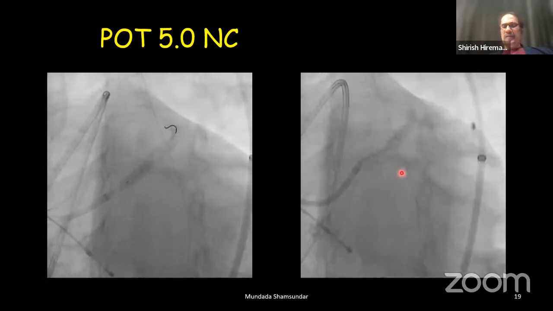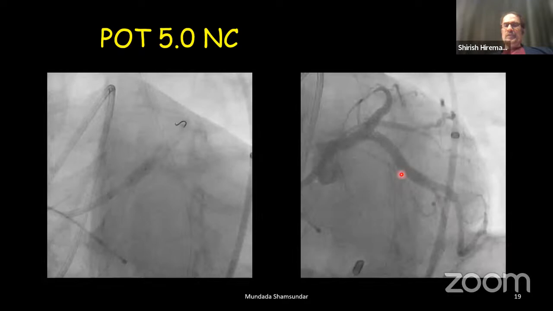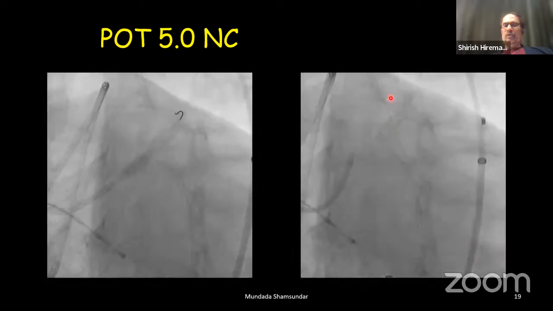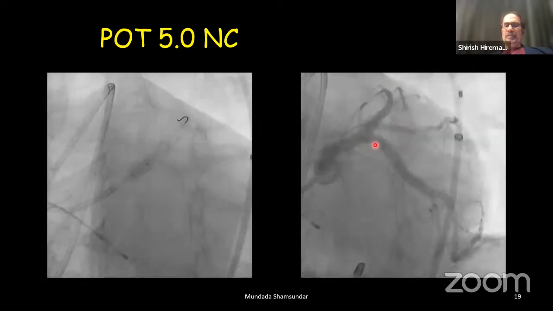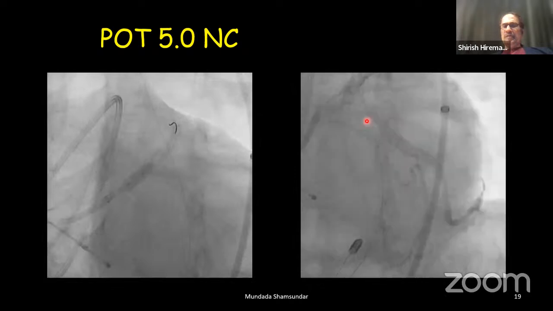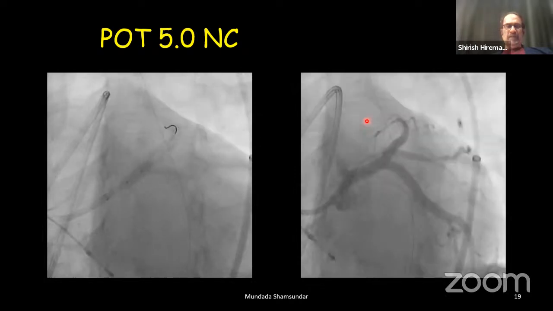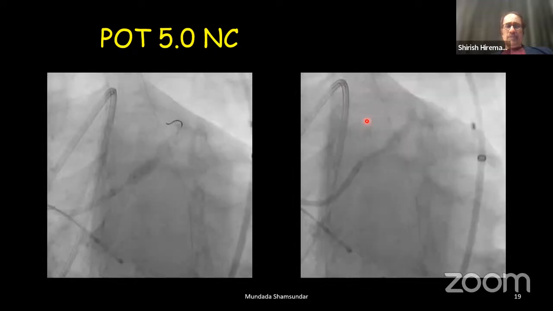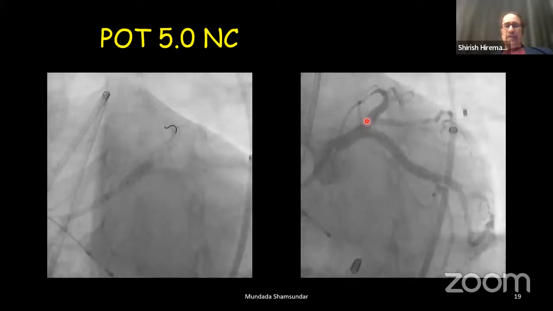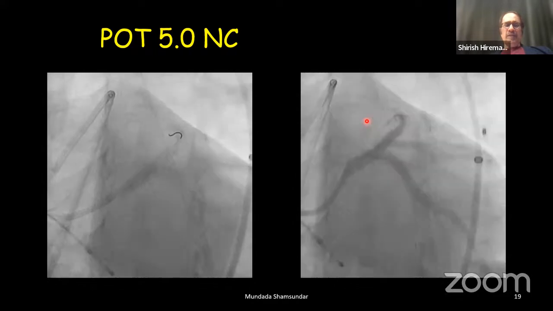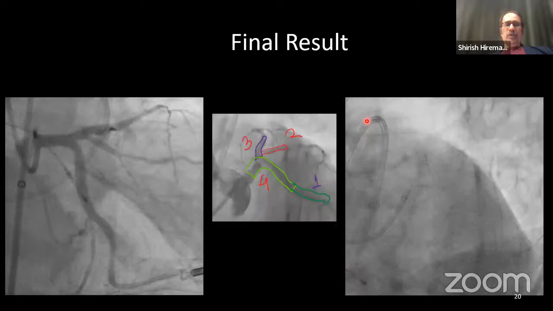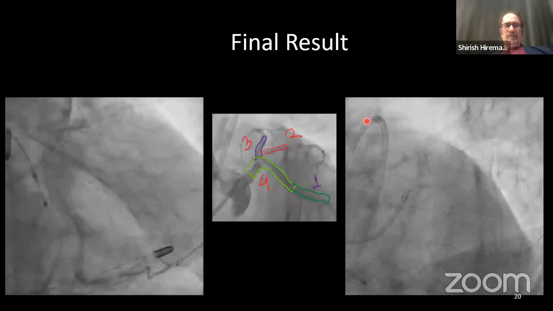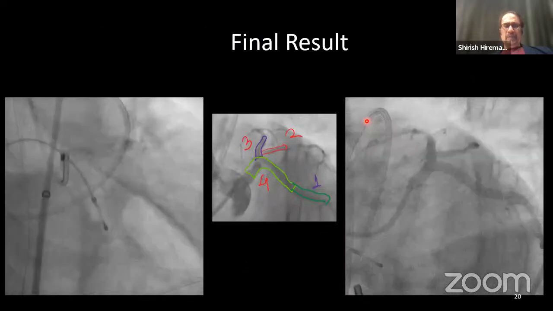So it's a very long line. Stent at the mouth of the diagonal and stent beginning from the mouth of the LAD. Follow-up is about a year, and the patient hasn't had any heart failure. He's walking around, and the family is very happy.